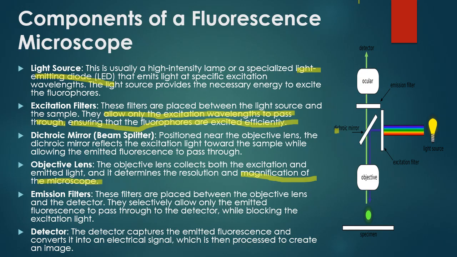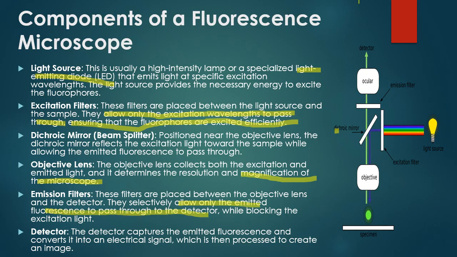Now the blue light passes through the specimen and it fluoresces, and the fluorescence light is green light. As you can see here, the green light passes through the objective, moves back to the dichroic mirror, and from the dichroic mirror moves to the emission filter. What does the emission filter do? It selectively allows only the emitted fluorescence to pass through to the detector.